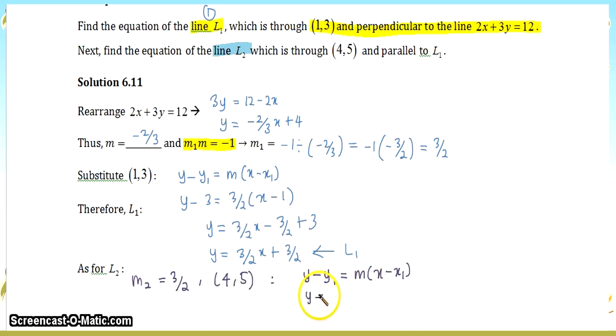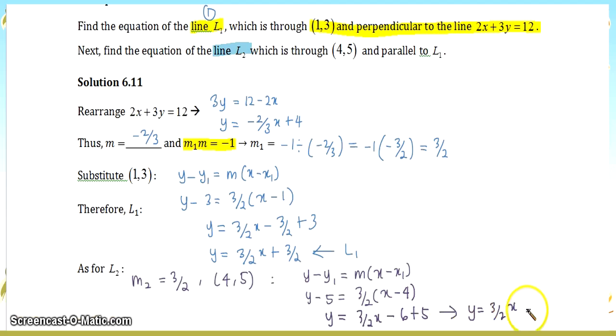So y minus 5 equals 3 over 2 times x minus 4. Solve this, we get y equals 3 over 2 x minus 6 plus 5, which gives us y equals 3 over 2 x minus 1. So this is the equation of L2.